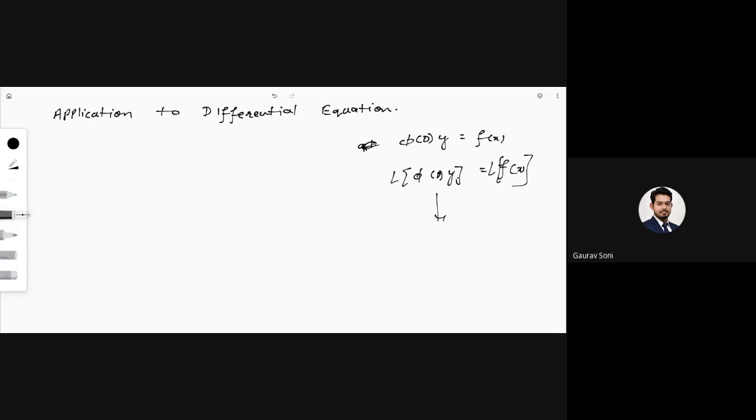When you solve the linear differential equation, we have seen that we find the value of y. In the same way, we are going to solve it, which means that I need to find the value of y. So when I take the Laplace transform, I'll get a term capital Y(s). What is capital Y(s)?